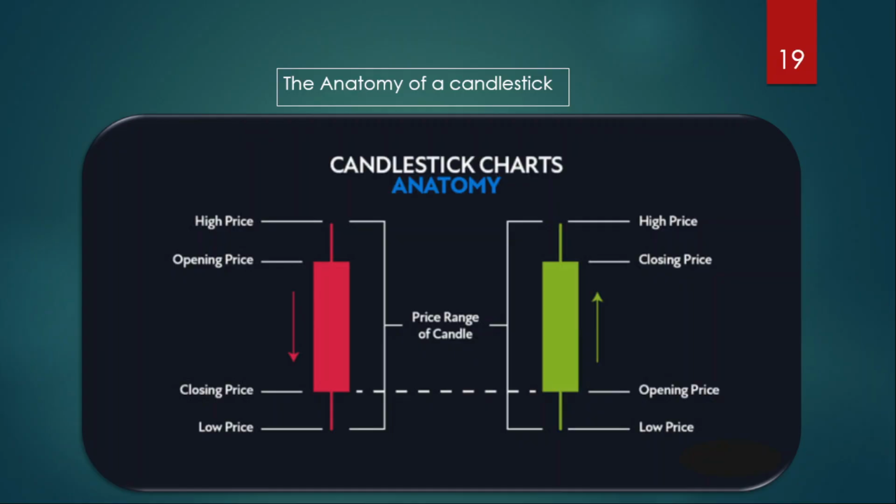So each and every candlestick has the opening price, low price, high price, and closing price. Each and every time the market opens and the candlestick is moving, the market will form the open of the candlestick, the low of the candlestick, the high of the candlestick, or vice versa.